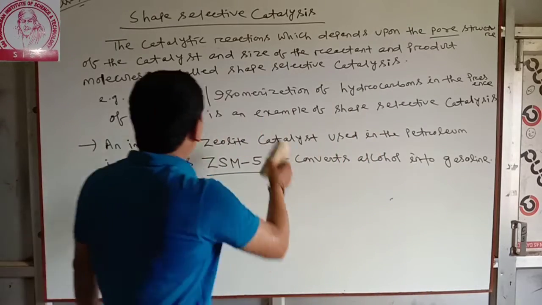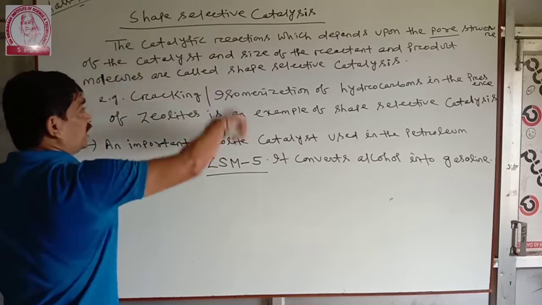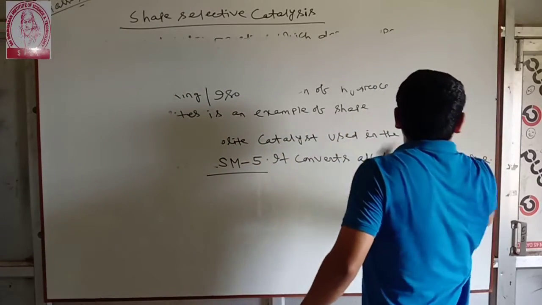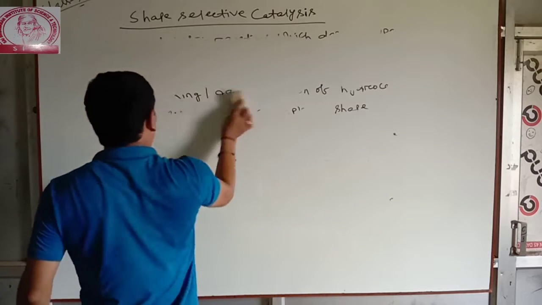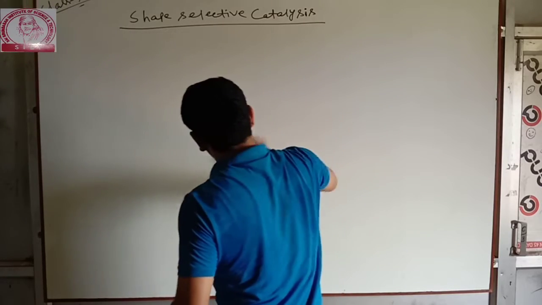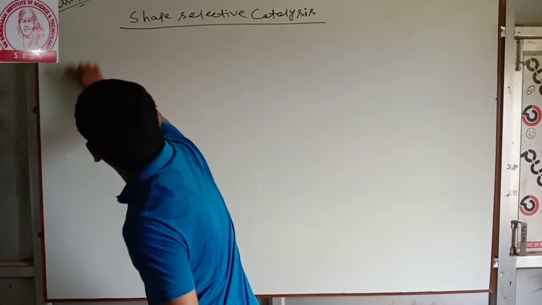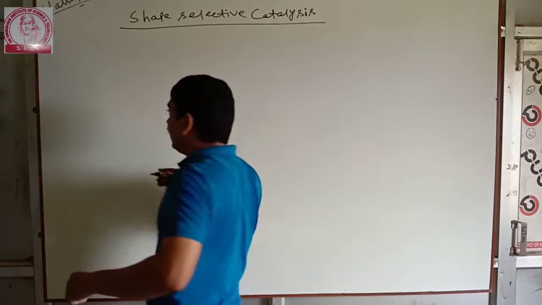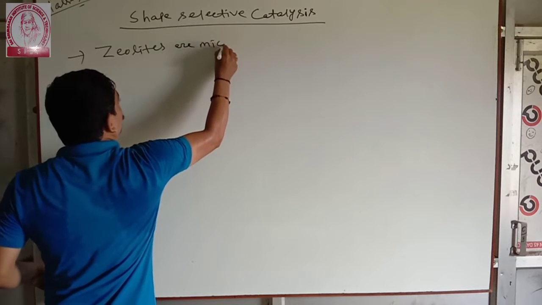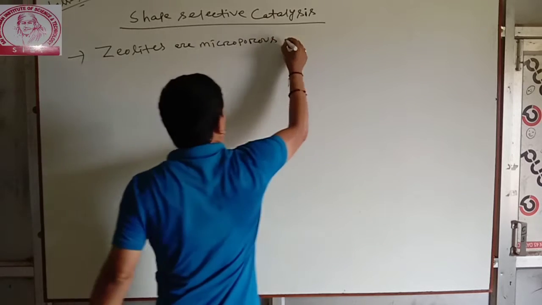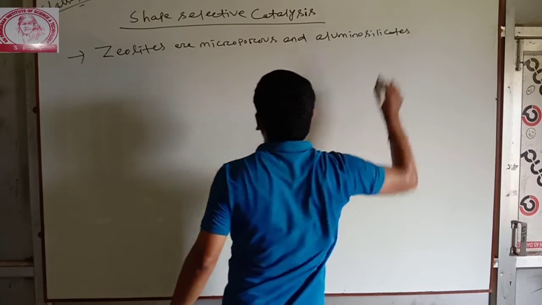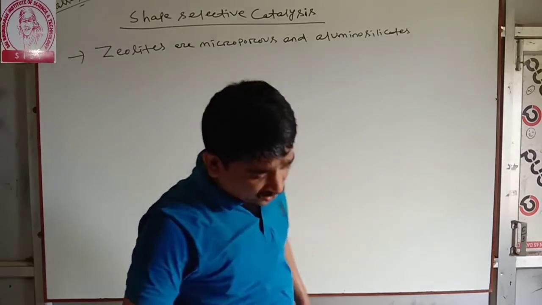Clear? Another point: zeolites are microporous and aluminum silicates.